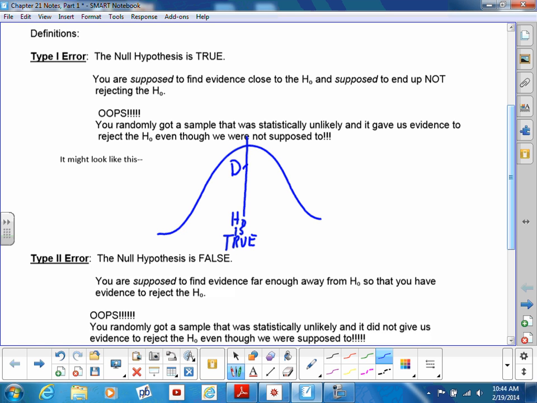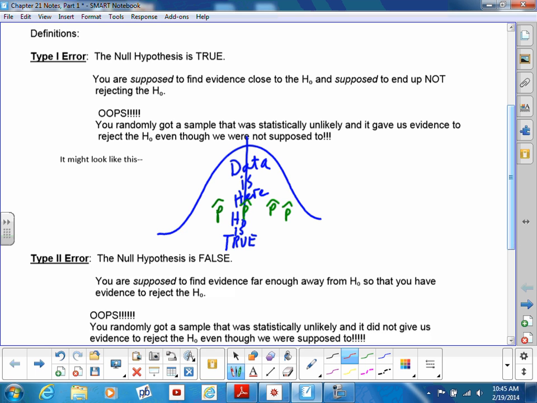So all your data is in this curve, okay? And therefore, you're supposed to find evidence close to the null hypothesis. You are supposed to find a sample in here, or here, or in here, that would lead you to fail to reject, because the null hypothesis is true.